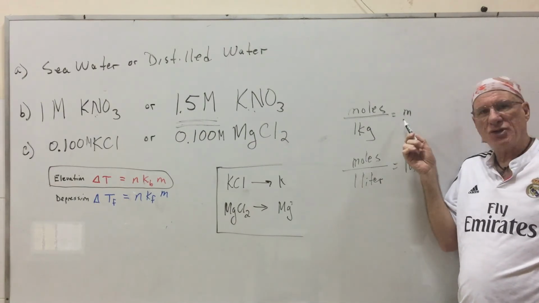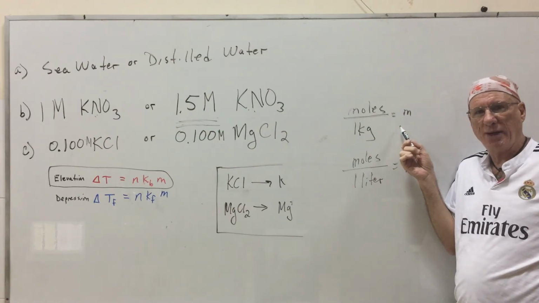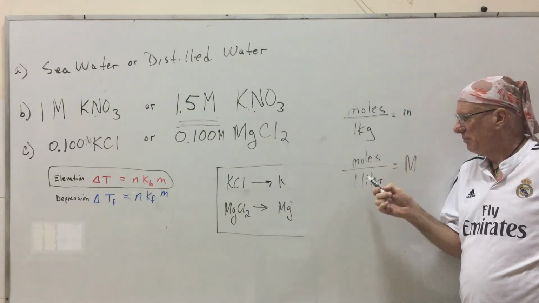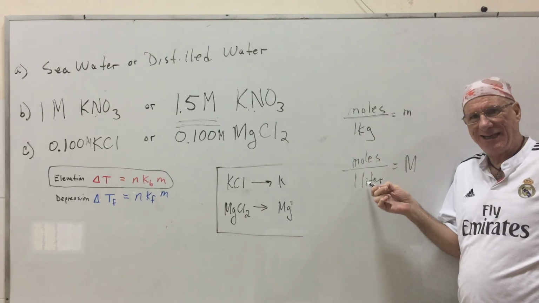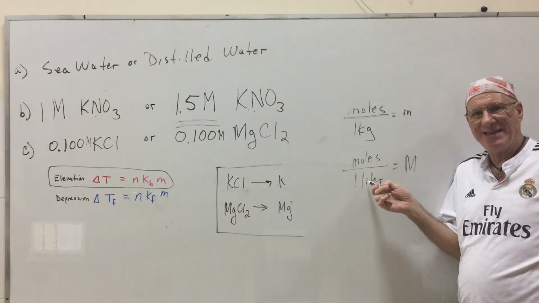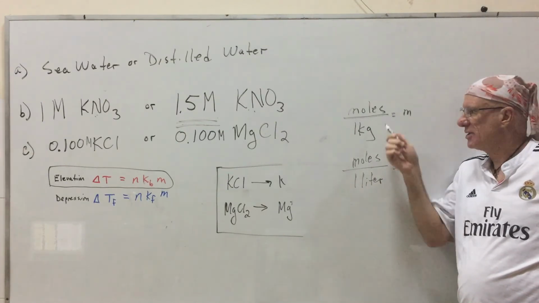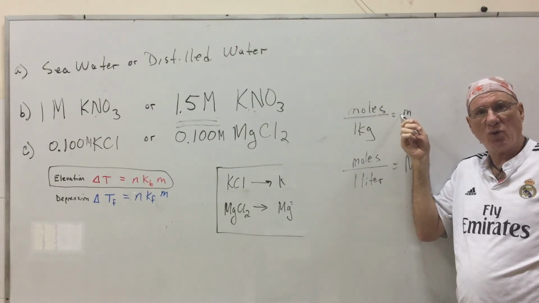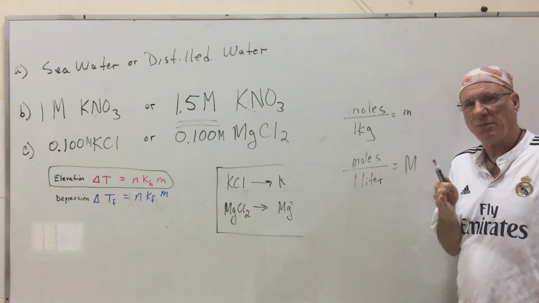So the reason you use molality with freezing point depression and boiling point elevation is because 1 kilogram stays 1 kilogram regardless of the temperature. But 1 liter, the volume will change because density is temperature dependent. So you're only using molarity at one temperature, room temperature, 25 degrees Celsius. Molality is being used at very warm liquids, 100 degrees Celsius, or very cold liquids, 0 degrees Celsius. Okay? So that's problem 57.